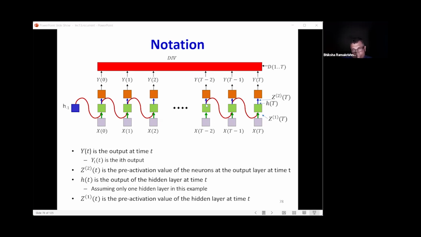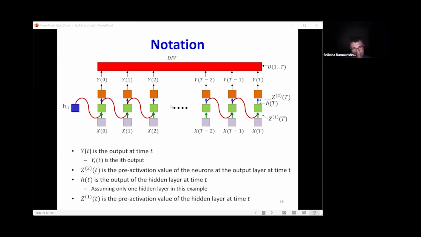The term within the parenthesis represents the time. Similarly, Z superscript 2 represents the affine term at the input to the output activation, and Y represents the actual output. Did that make sense?